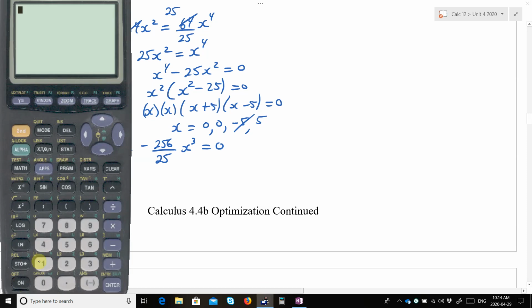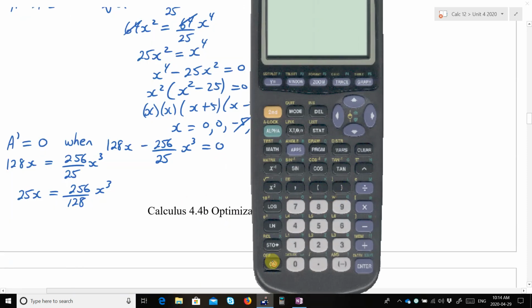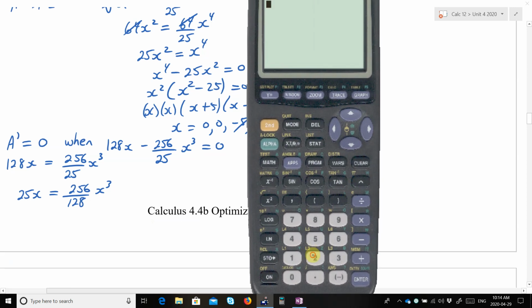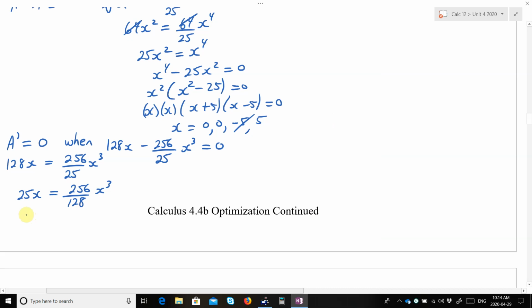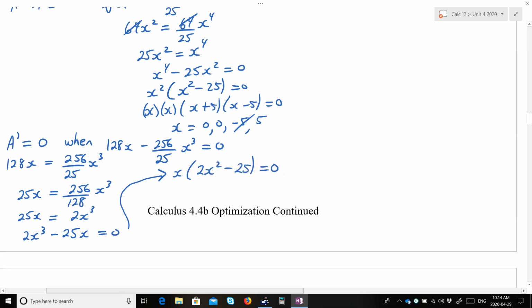And 256 divided by 128 is 2, so that's why I did that. So we have 25x equals 2x cubed, which means that 2x cubed minus 25x equals 0 if I subtract the 25x from both sides. And so then I can divide out an x and have 2x squared minus 25 equals 0.